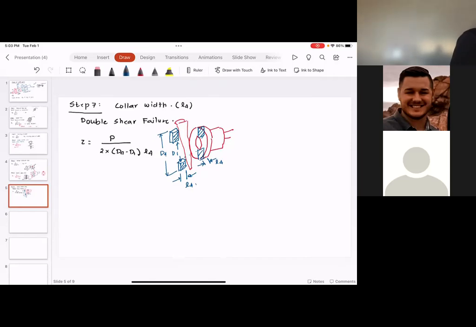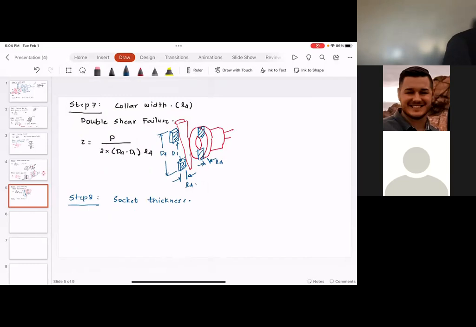Okay, the next thing is I'm going to look at the failure of the socket. Step 8, socket thickness.